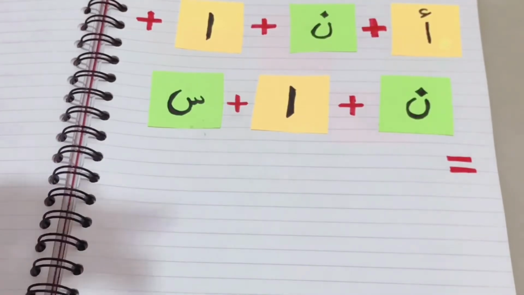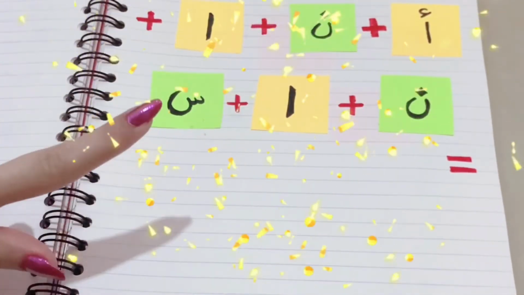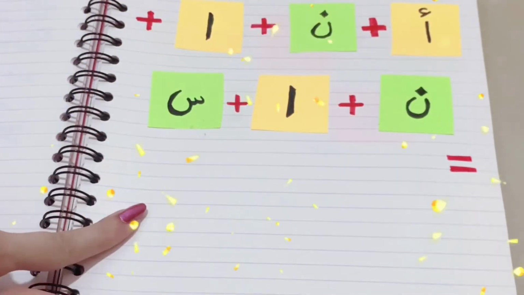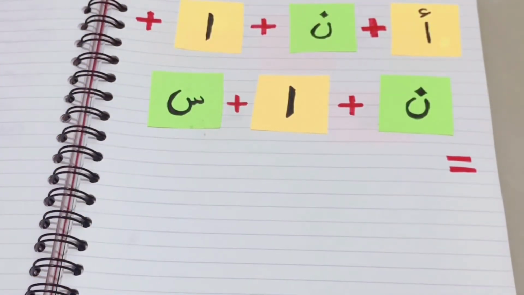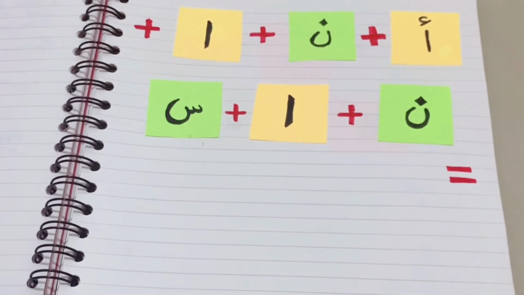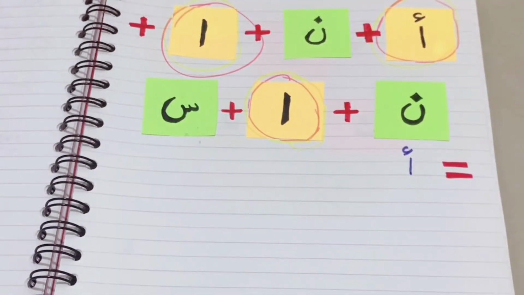Exercise time! Before I end this video, I would like you to do some practice. Let's connect the following letters together to get a word. I would recommend you draw a circle on all the non-connected letters you see. So we have 3 alifs. We write alif alone.